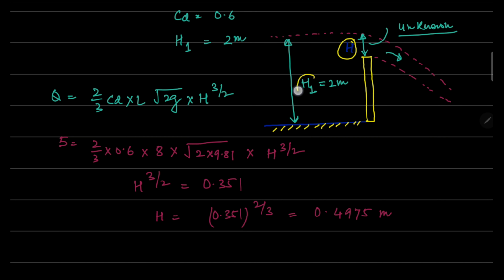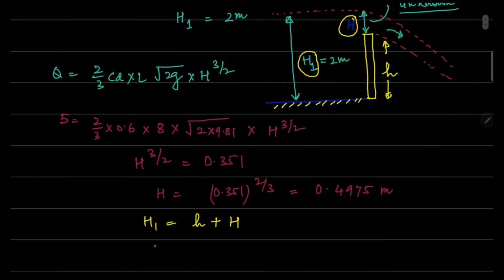Now if we look at this figure, this value is H and this value is h1. The weir height, which we have to determine, is this value. Let's say this is h. Looking at the figure, we can write h1 is equal to h plus H. Now h1 is already given, that is 2 meter, is equal to h, which we have to determine, plus the capital H we have just figured out, that is 0.4975.